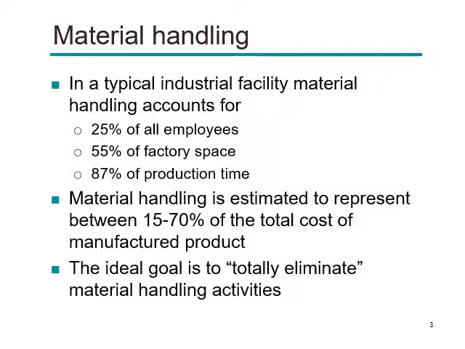You see, in some cases, this material handling cost can go up to 70%. So the item that you are buying, you are paying for that item, and 70% of that cost is only for moving and storing the item, not for machining, not for production, or not for the people who produce it.